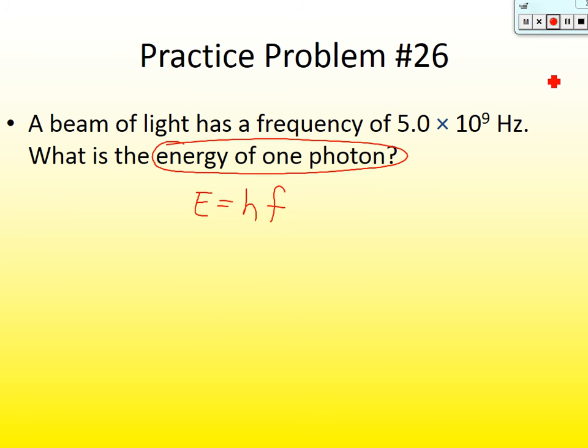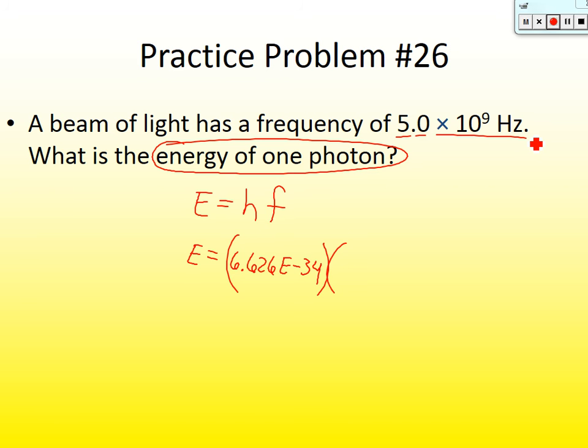Okay, let's see how you guys did. Energy is equal to h. What is this variable called, guys? Planck's constant. It's equal to that long number. It's actually a very small number, 6.626 times 10 to the minus 34. Okay? And we're going to times that by its frequency.